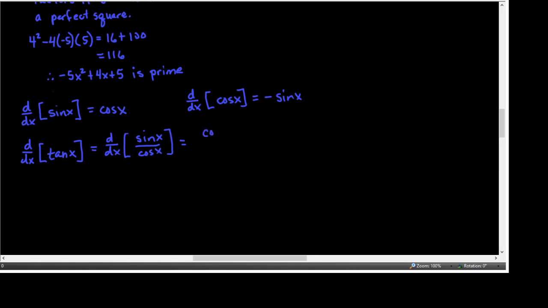So, low d high minus high d low all over the square of low.